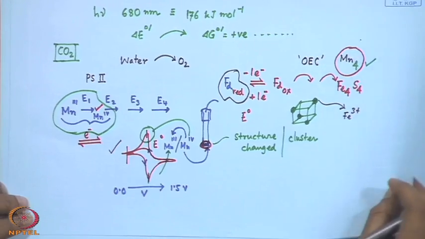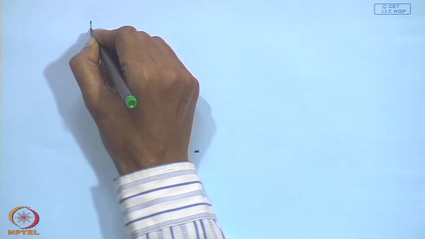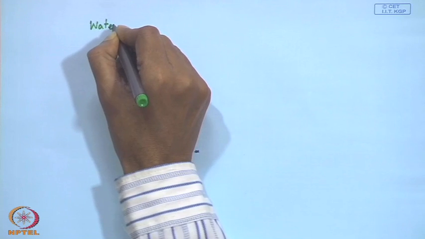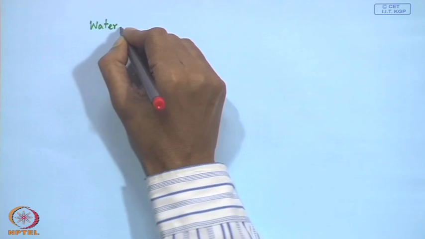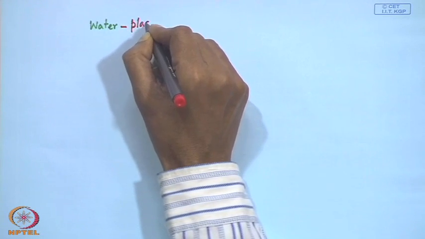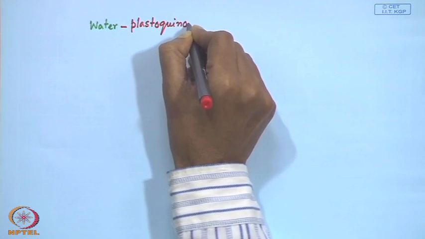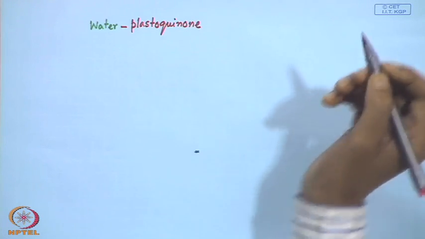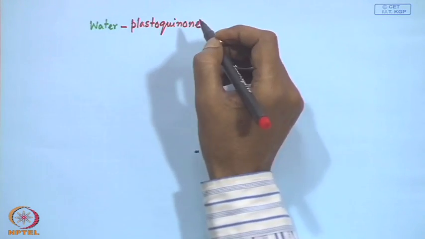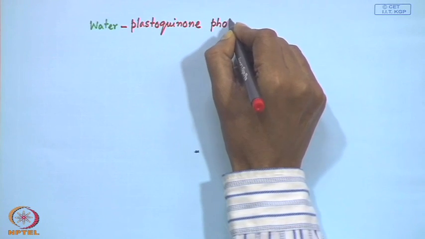So, this 4 manganese center, which is your water evolving center, handles the water, and immediately it has attachment for one group, which is the plastoquinone. That means the immediate species responsible for electron transfer, and we are utilizing photon for this.